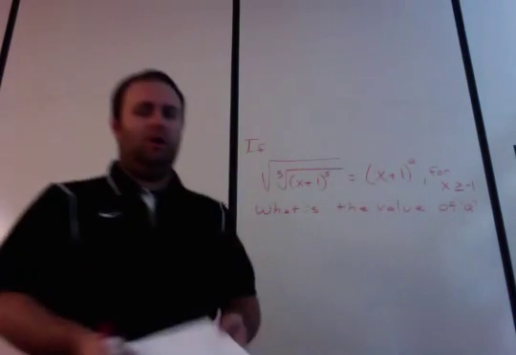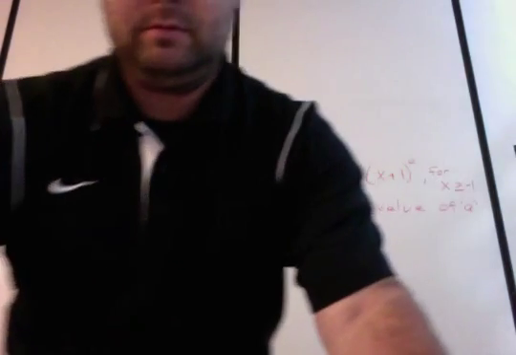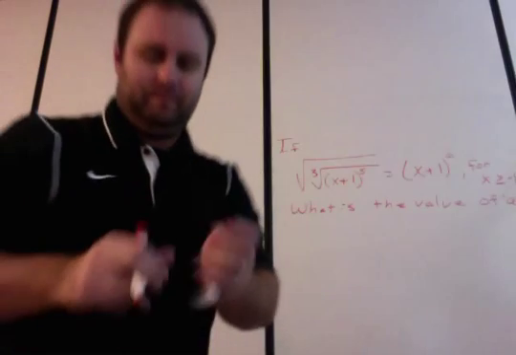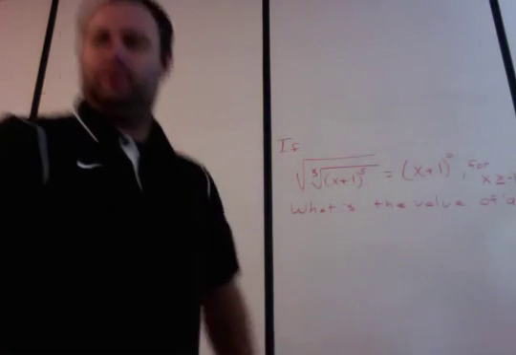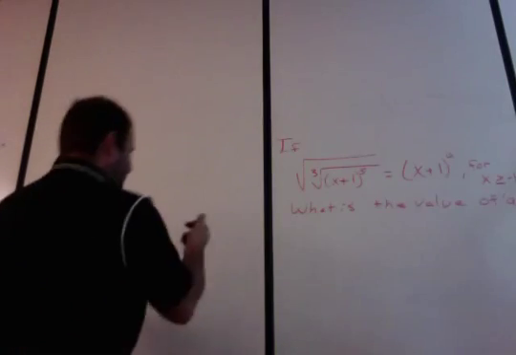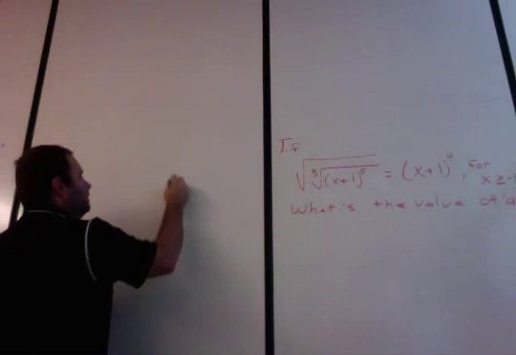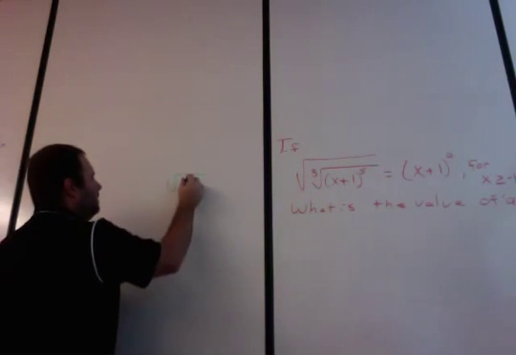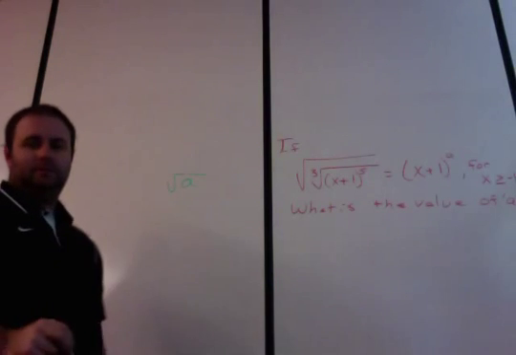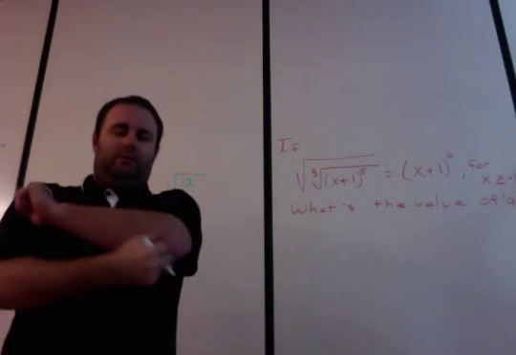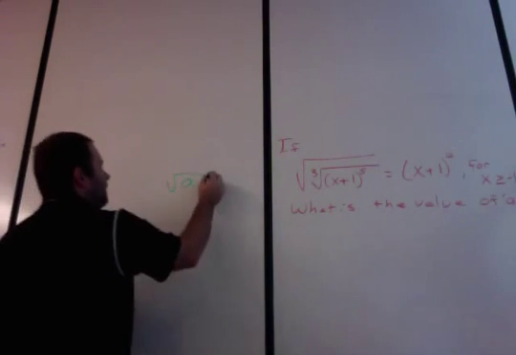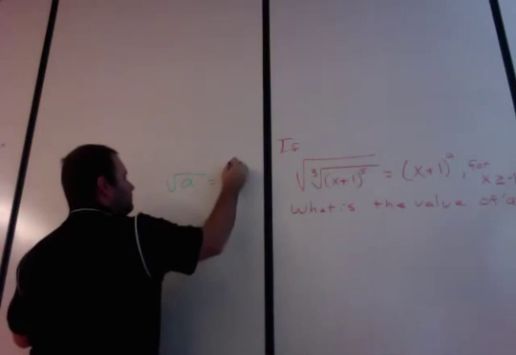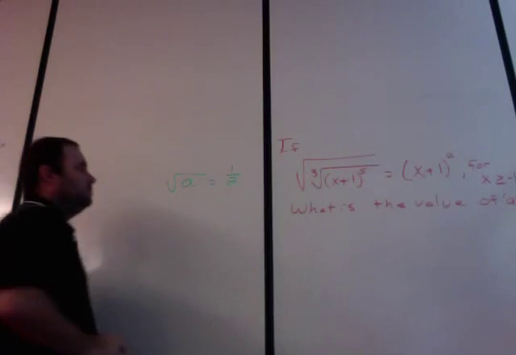Now, if you recall, if I square root something, let's say the square root of a. Well, how did we rewrite that? A to what power? 1/2.